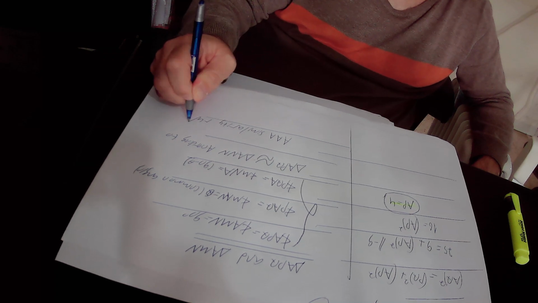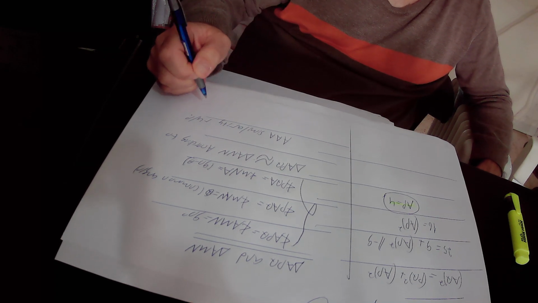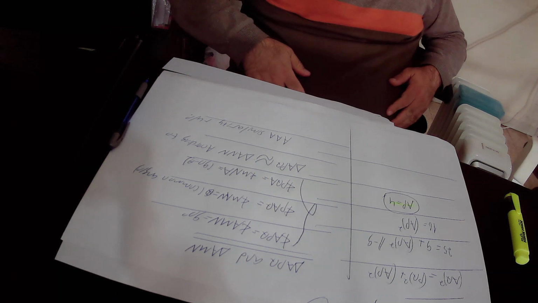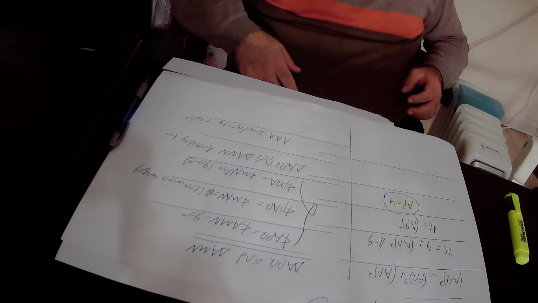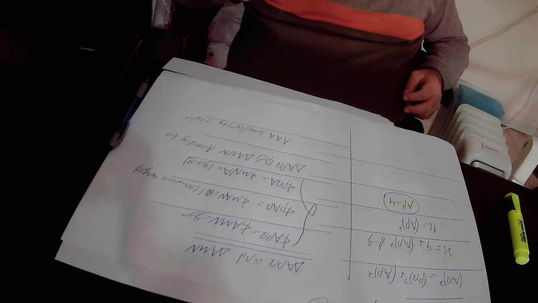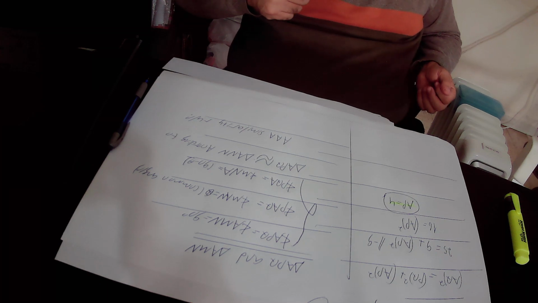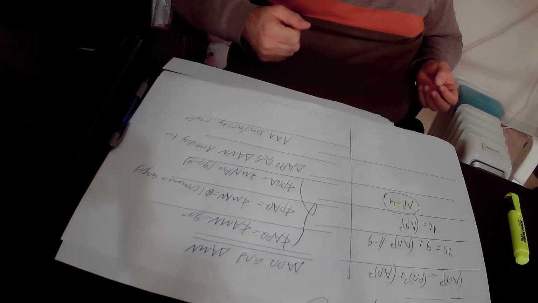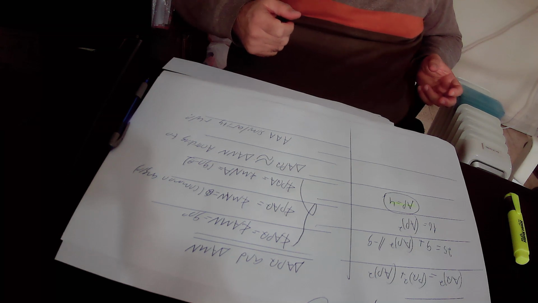So what is the angle similarity rule? The angle similarity rule is that if you prove that all three angles in one triangle are correspondingly equal to all three angles in another triangle, then you have proved that those two triangles are similar to each other.